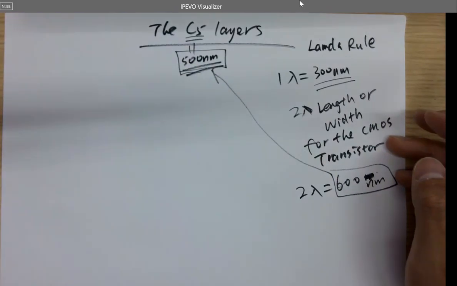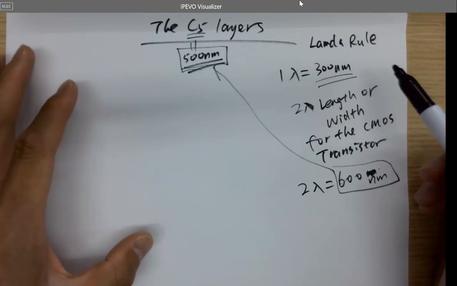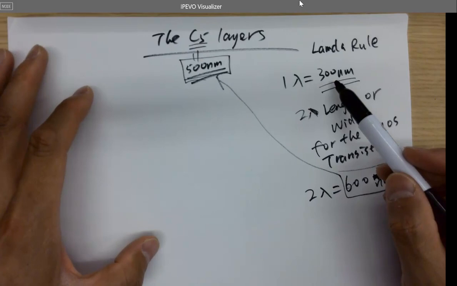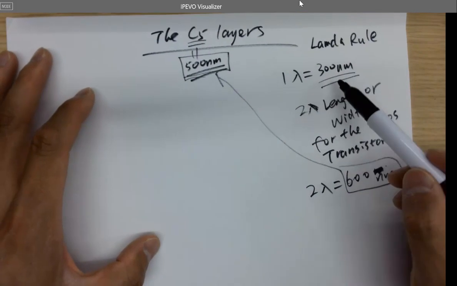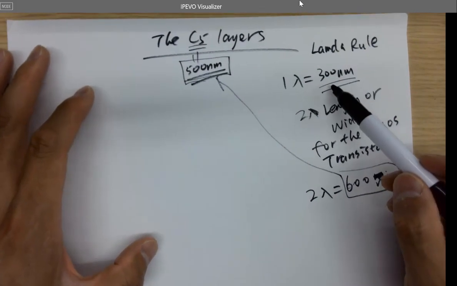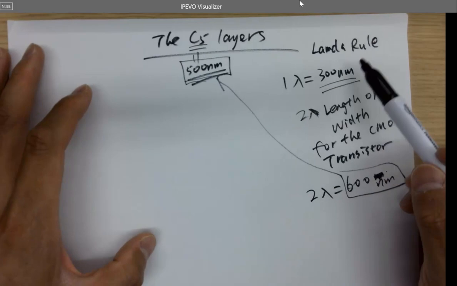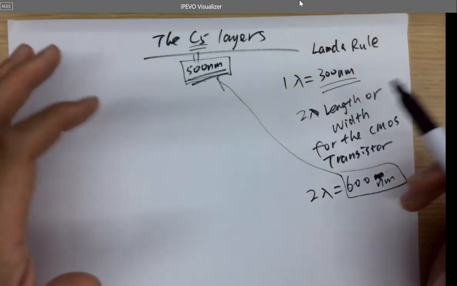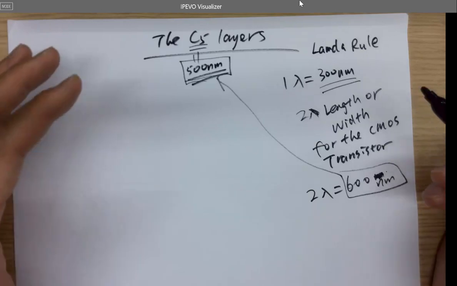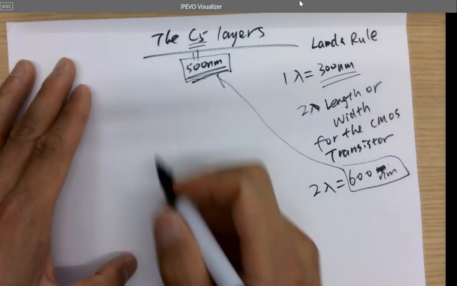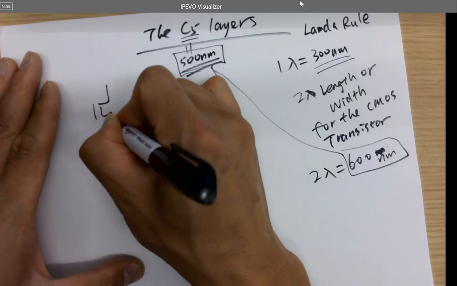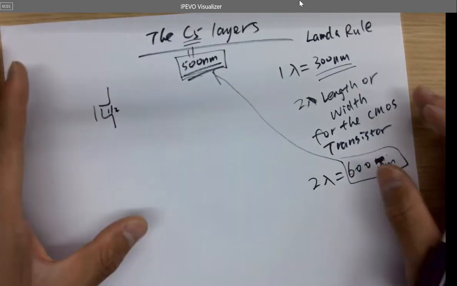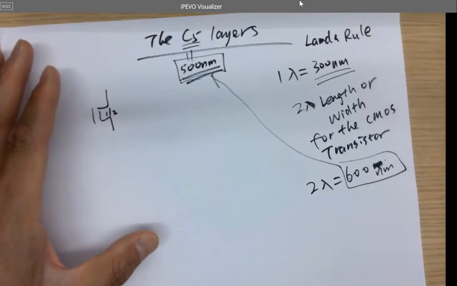Does that make sense? So you guys are using, I think for the preferences, when you set up Electric VLSI, you put lambda as 300 nanometers in the setting. I don't know if you still remember that. And when you resize your transistors, we never use 1 lambda. We never use 1. So if you look at, for example, a transistor here in Electric VLSI, remember it only shows 1 or 2, or 2 or 3, or 10 or 20, right?